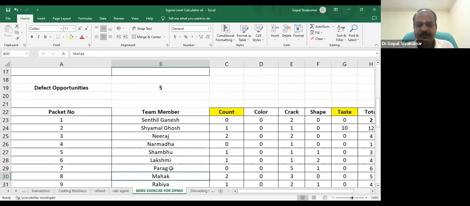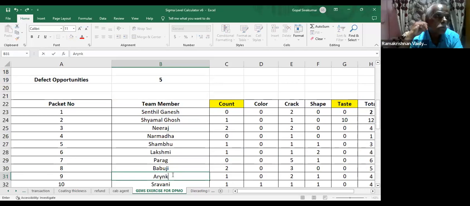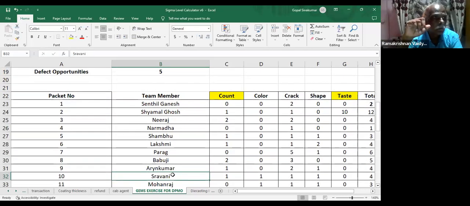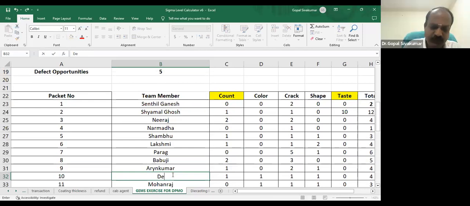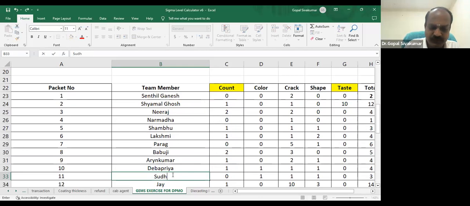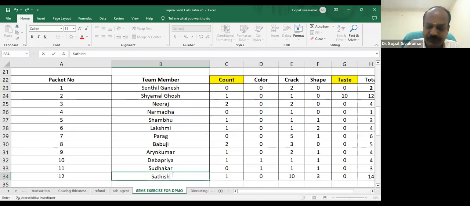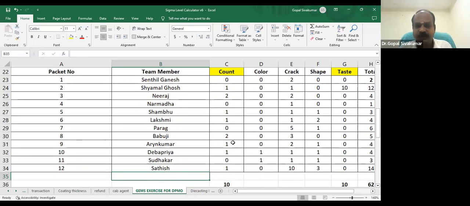Then I have Parag. Satish Kumar. 12 people.